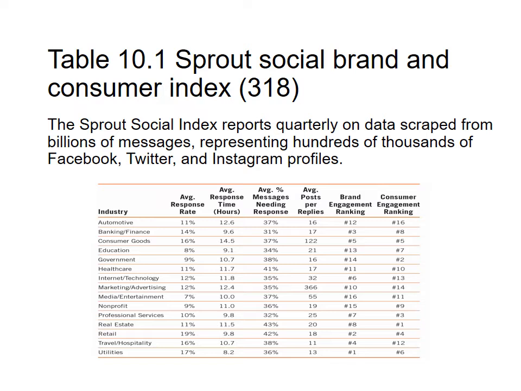And you can see a ranking in average response rate, average response time, how many hours elapsed, average percent of messages needing response, meaning they just hang out there, and then average posts per reply, brand engagement ranking, and consumer engagement ranking. So whether or not the brand engages, and then whether the consumer then engages back. This is an area ripe for improvement.